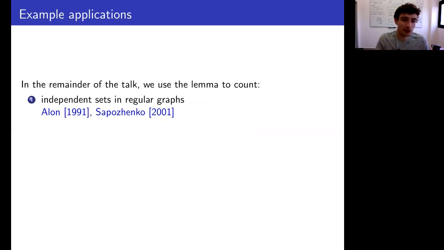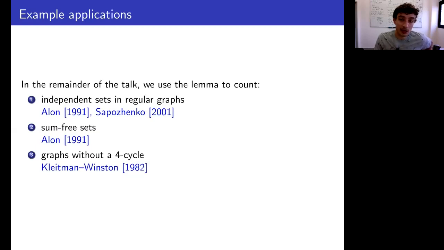Here we'll follow the presentation of Alon and Sapozhenko, some free sets, which is a result of Noga Alon from '91. And finally, we'll use the lemma to estimate the number of graphs without the fourth cycle. This was the original application of the lemma in the paper when it was first discovered by Kleitman-Winston in 1982.